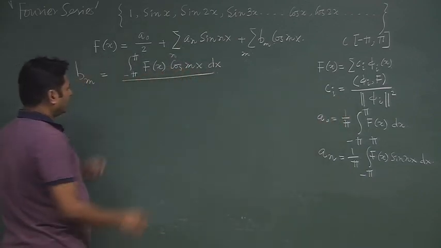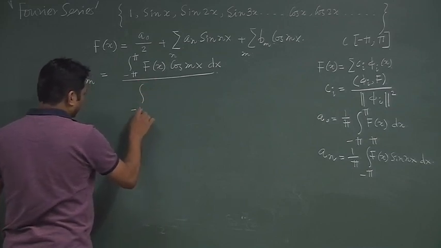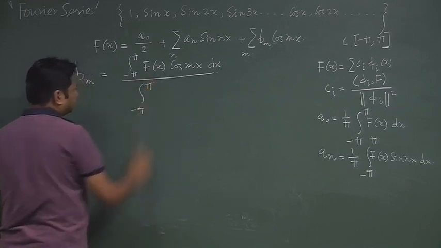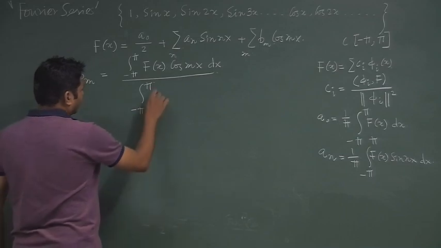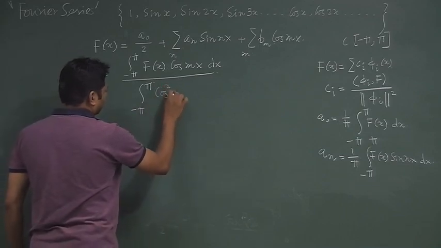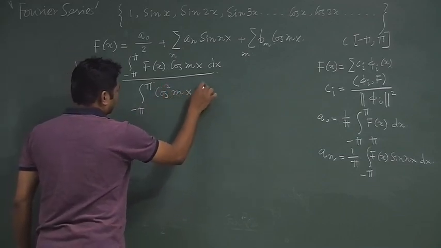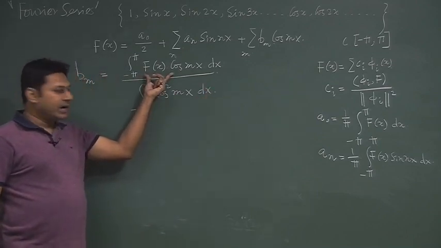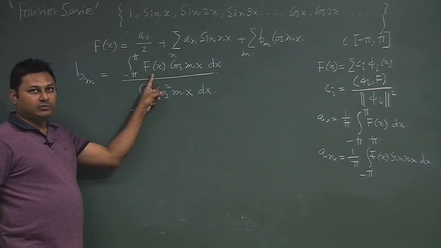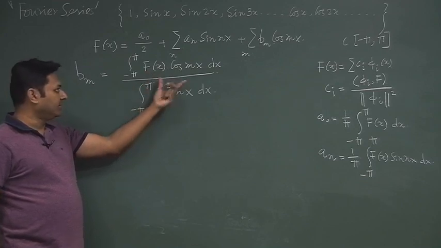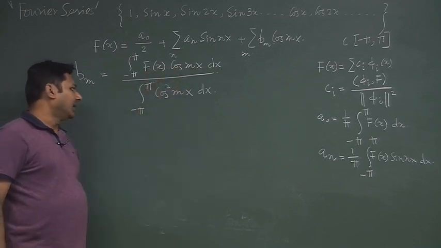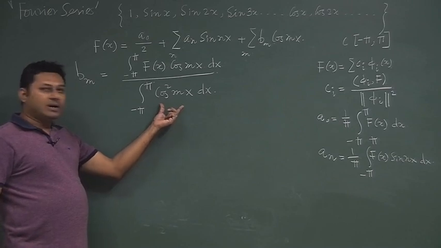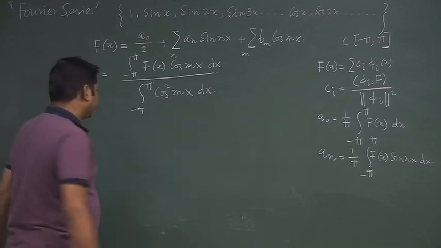That means the integration from minus pi to pi of cos square mx dx. Again, I need to find this quantity once I have the value of f(x). When f(x) is given, only then can I calculate the numerator, but this denominator I can find out readily.